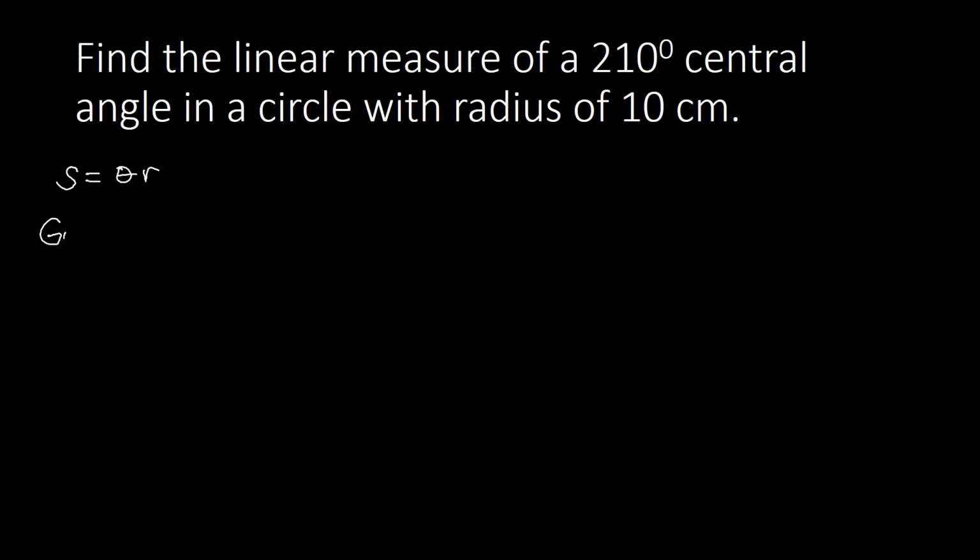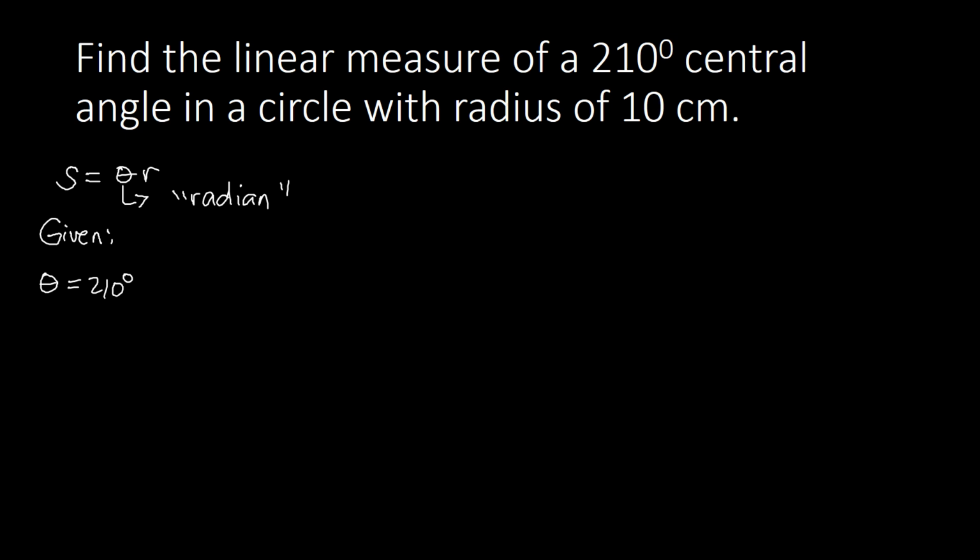Going back to the given information, we are given an angle measure, which is 210 degrees. Since this is in degree form, we have to take note that using this equation, our theta must be in radian form. Otherwise, if that is in degree form, we have to convert that into radian form.